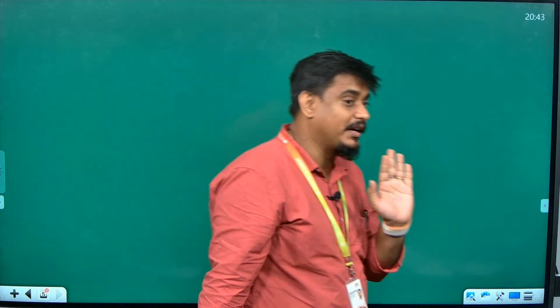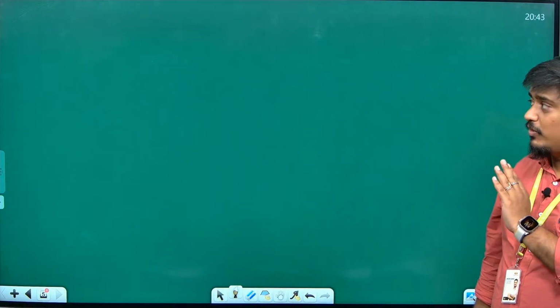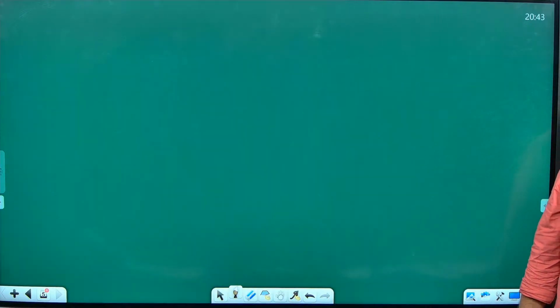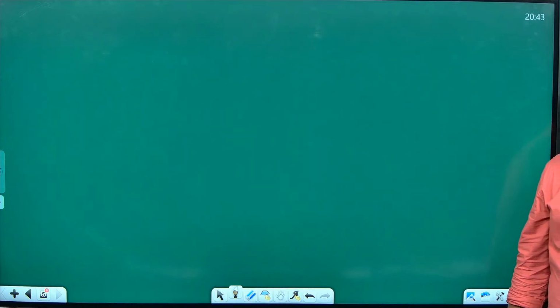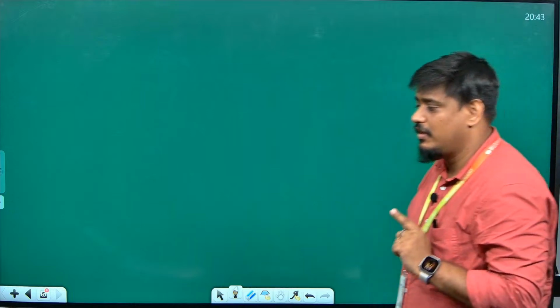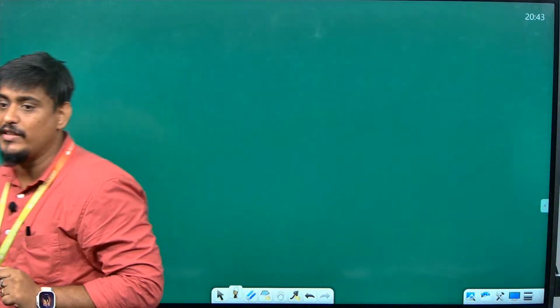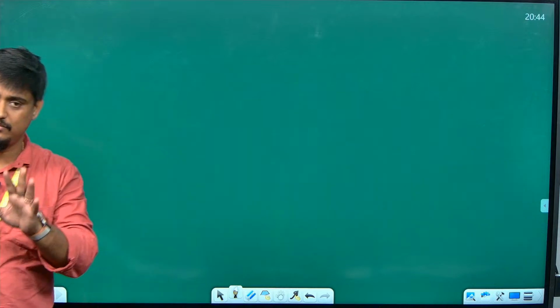Now we are going to learn when we connect cells in series and when in parallel. Very important topic again. You understood series and parallel connection, but now you should understand when we go for series and when for parallel. Questions from here come in the board examination in the category of assertion and reasoning.